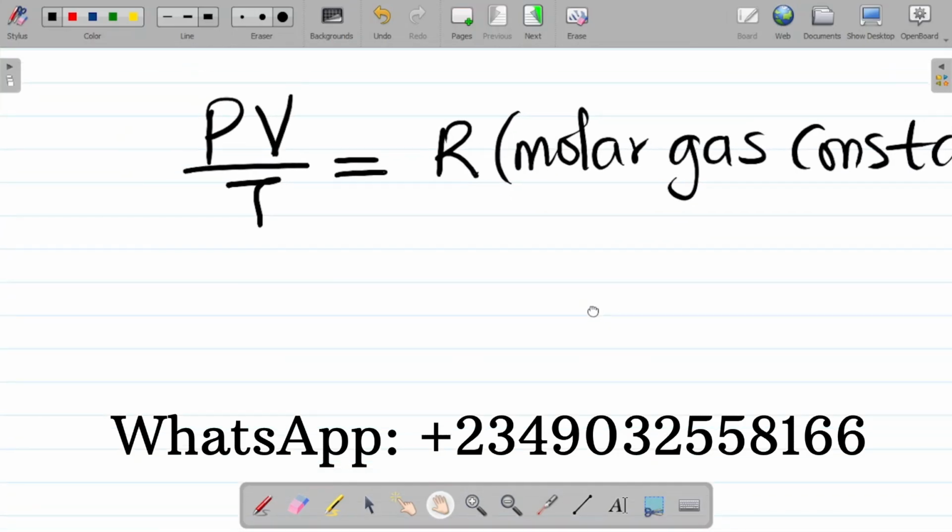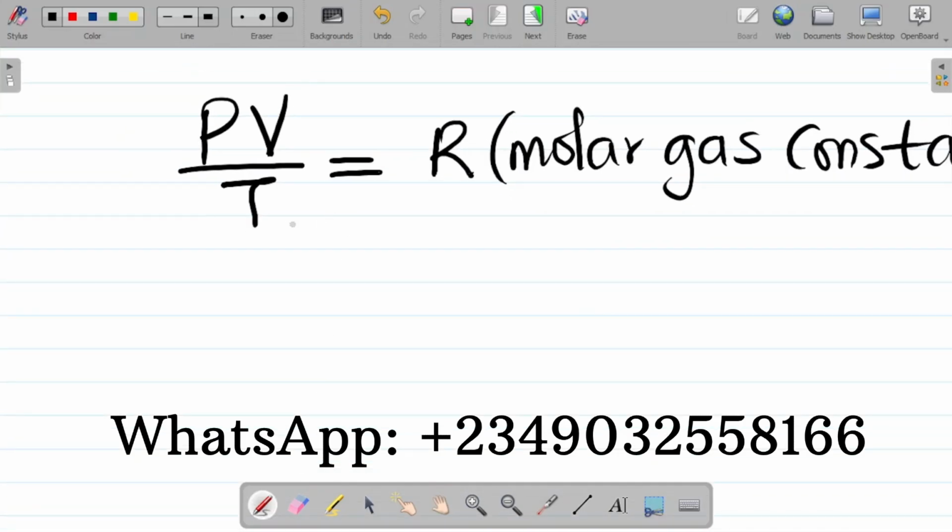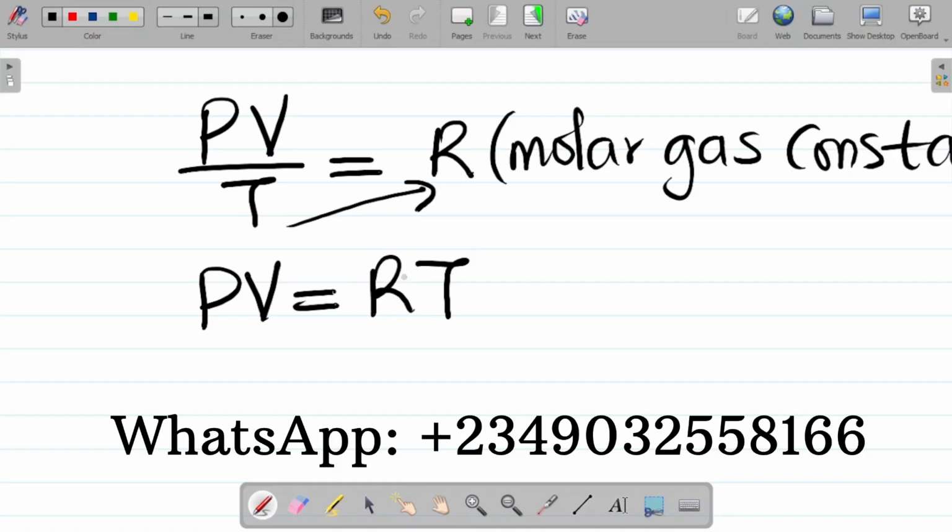From here, if I cross multiply, T comes this way, so I'll have PV is equal to RT.